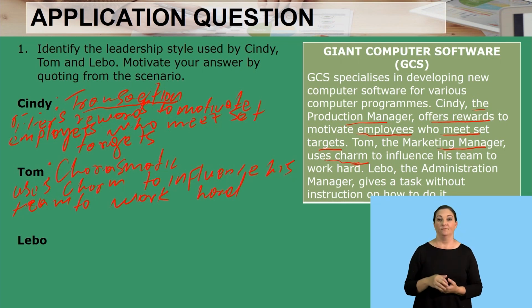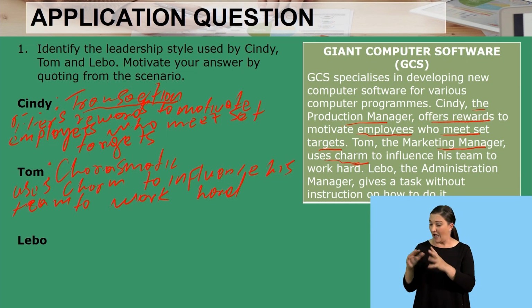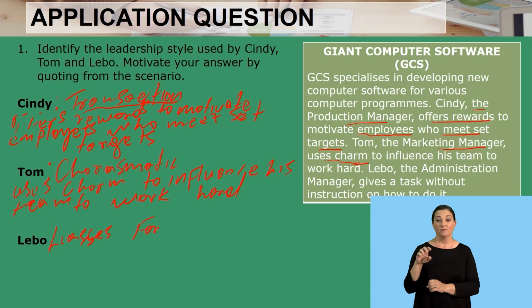Then we look into Lebu, the administrative manager, who gives a task without instruction on how to do it. So that must be laissez-faire. So with laissez-faire, how do we motivate?